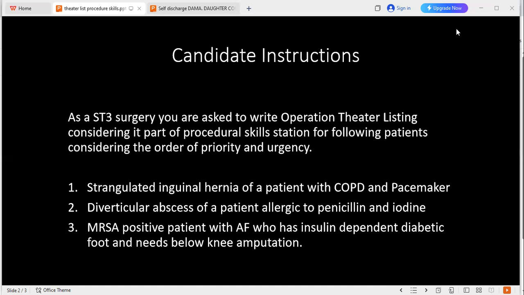The first patient has a pacemaker as well. What precautions should you keep in mind while operating on that patient? I should not be using any monopolar cautery. I should be using bipolar cautery as much as possible. But in case I'm using monopolar cautery, then I should limit to short bursts instead of continuous bursts.